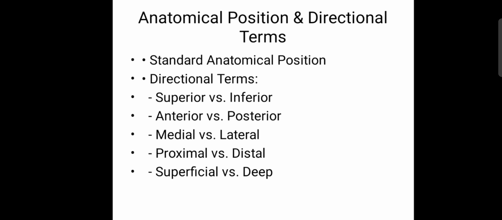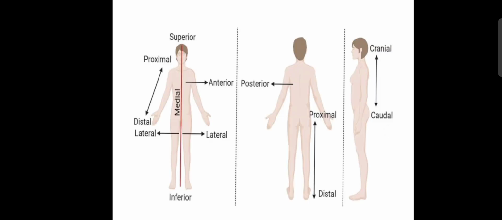Anatomical positions, and if you see the superior and inferior, top of the head is considered as superior, and the bottom part is considered as inferior. And anterior and the posterior, front portion is considered as anterior and the back portion is considered as posterior. Medial and the lateral.